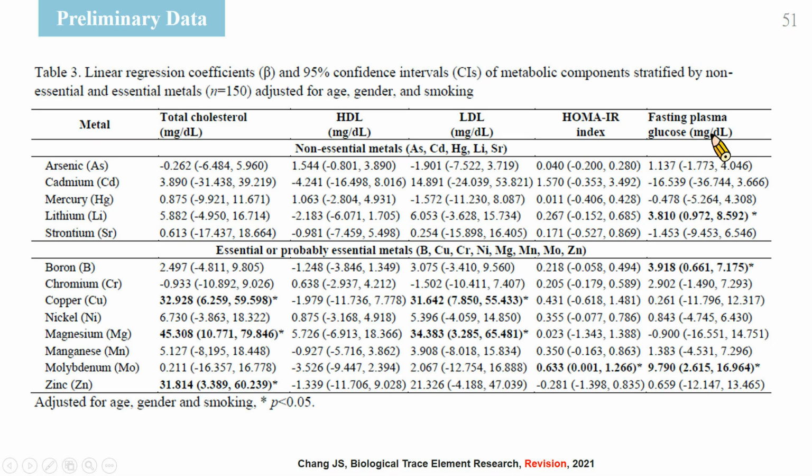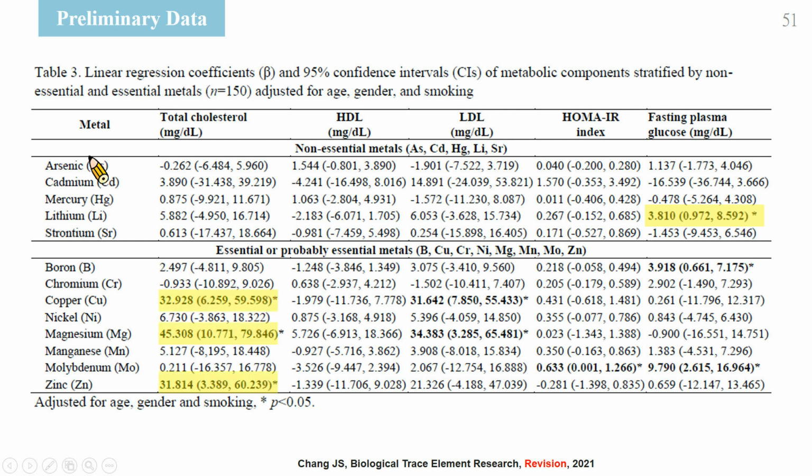Next, we performed a linear regression to look at the association between metals and metabolic components. Again, for non-essential metal exposure, there wasn't a significant association with metabolic syndrome components, except lithium, which was positively correlated with fasting plasma glucose.